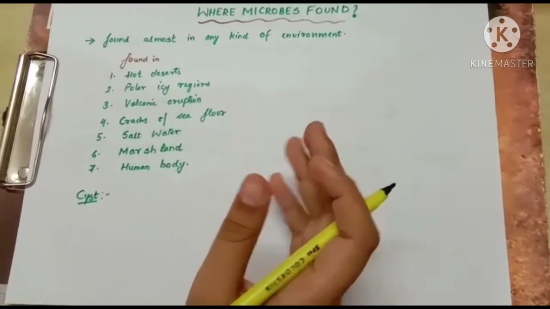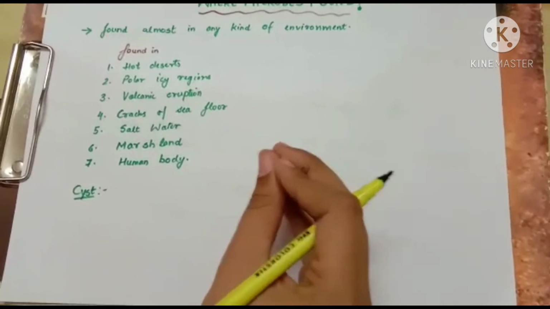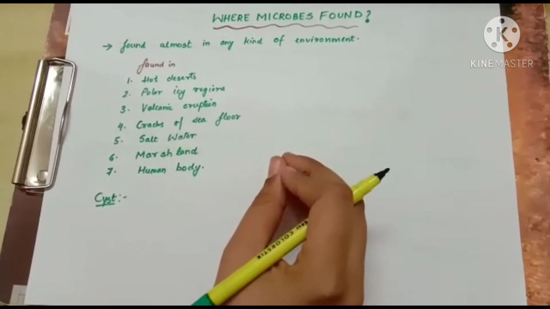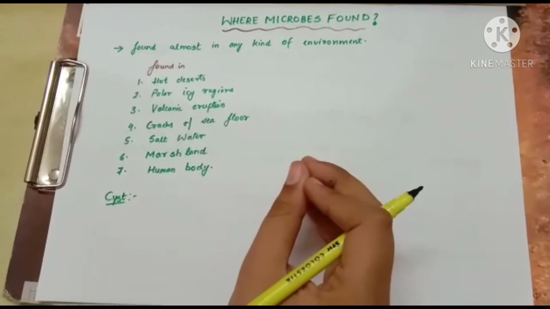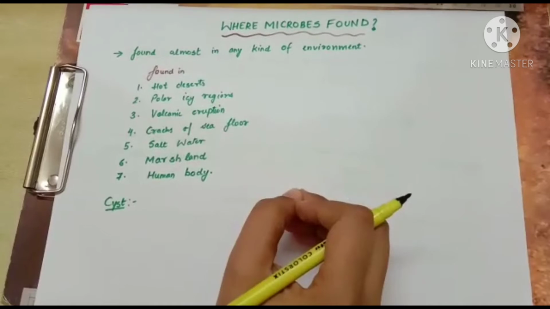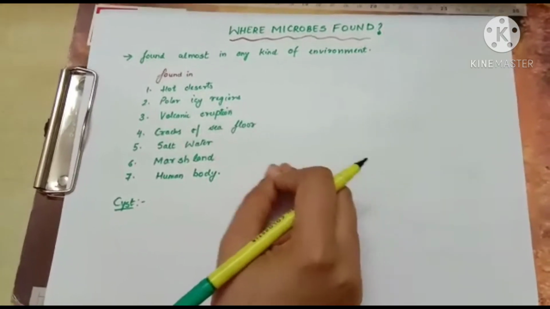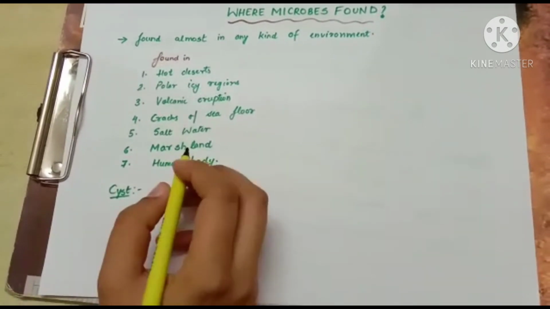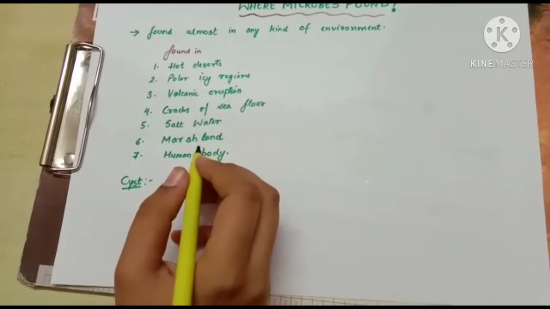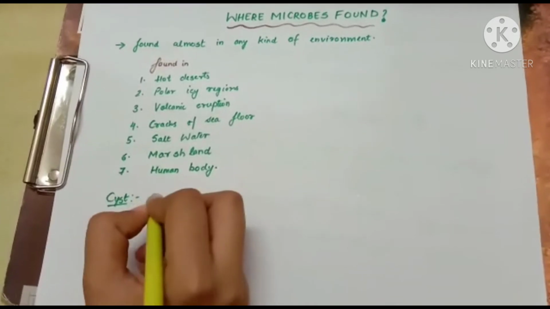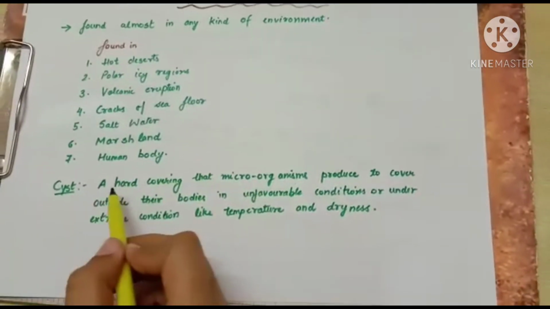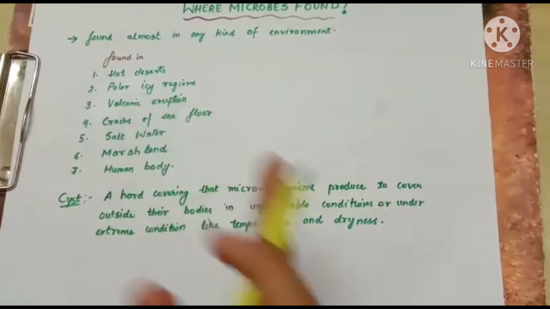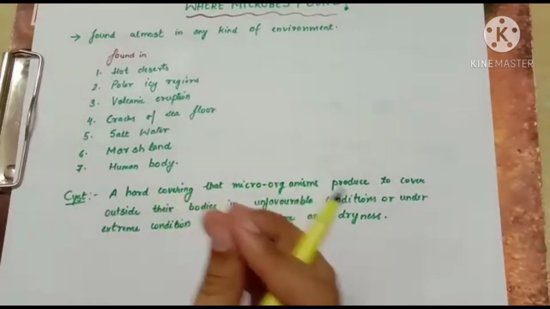So what happens on the onset of unfavorable conditions or harsh conditions? The microbe produces and secretes a hard covering to envelop its body or to surround its body, that is called a cyst. So the definition of cyst is that cyst is a hard covering that microorganisms produce to cover themselves on the outside of their bodies in unfavorable conditions.